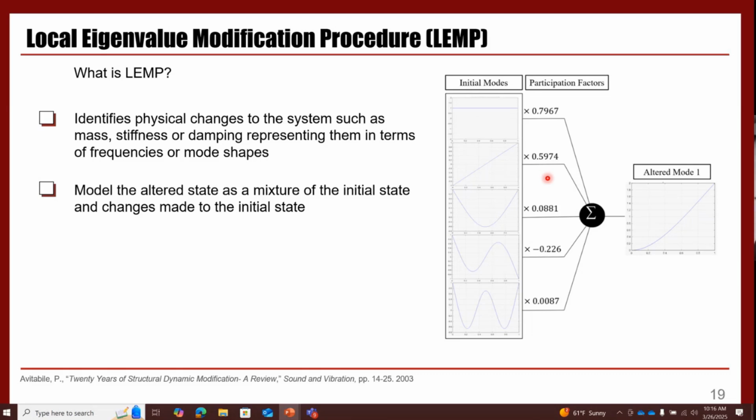They don't contribute equally. So LEM picks the modes that have higher participation factors to form the altered mode. Therefore, that reduces the entire equation that we saw before to a set of second order equations, which can then be easily solved. And that is the advantage of LEM. We can solve the system equation efficiently and faster.